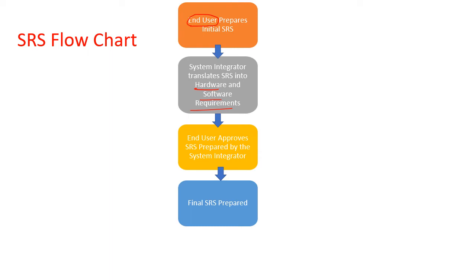So now we have the input from the system integrator and all the concerned persons in it, right? So the final SRS is prepared, and now this SRS can go for the design and engineering of the SIS, right? So this is the whole flowchart of the SRS: when and who should prepare the SRS, who should review it, and how it should be processed.